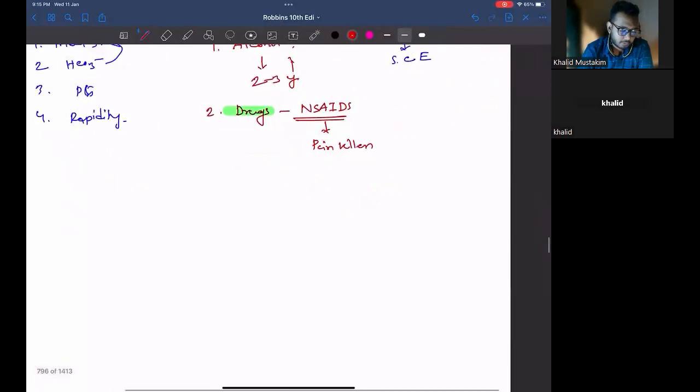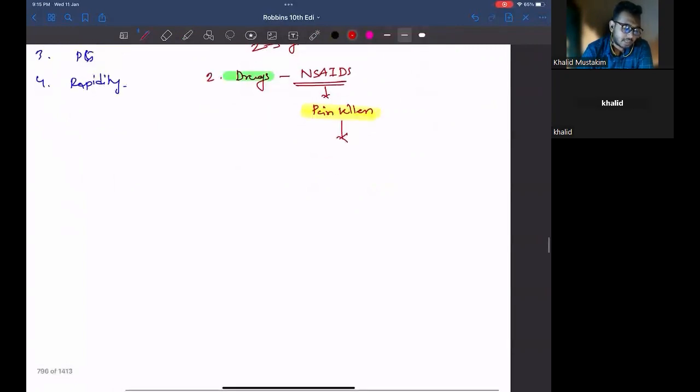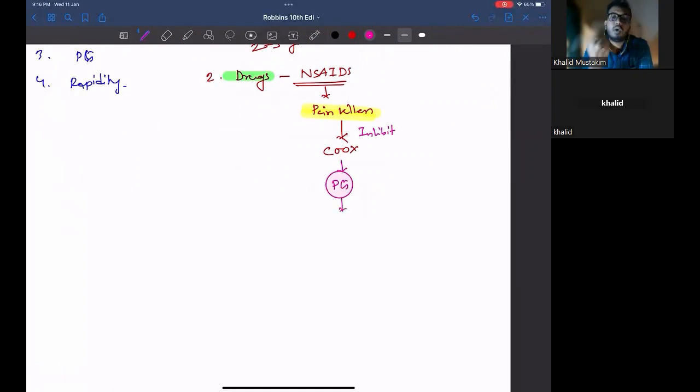If you remember the simple pharmacology of painkillers, you know that NSAIDs inhibit an enzyme, that is COX, the cyclooxygenase enzyme. When cyclooxygenase cannot work, it cannot synthesize another component, that is PG, prostaglandin. So if you are lacking prostaglandin, what is the problem?